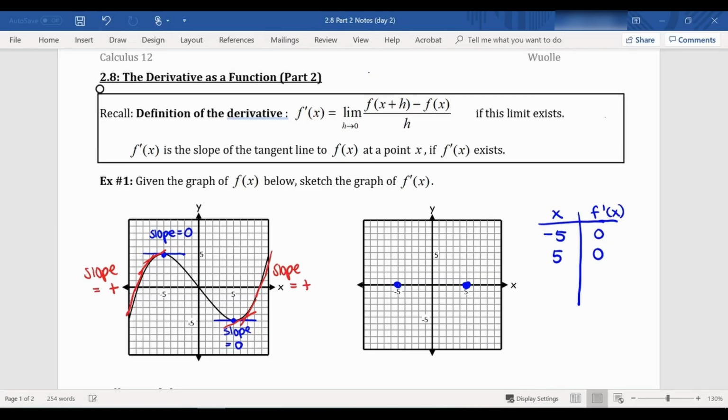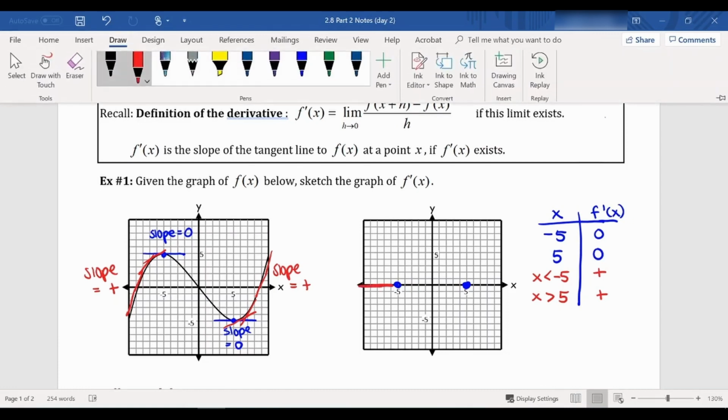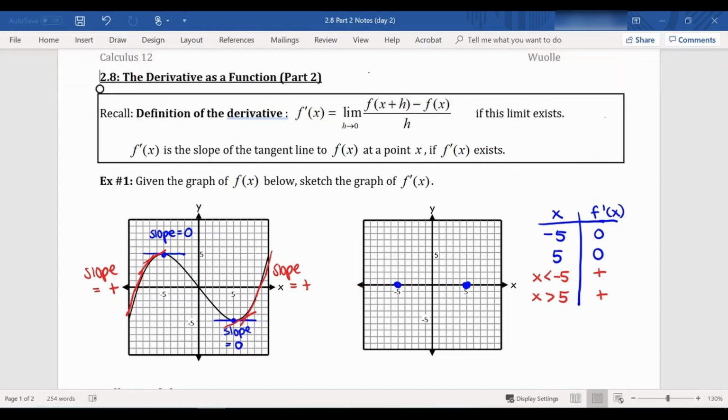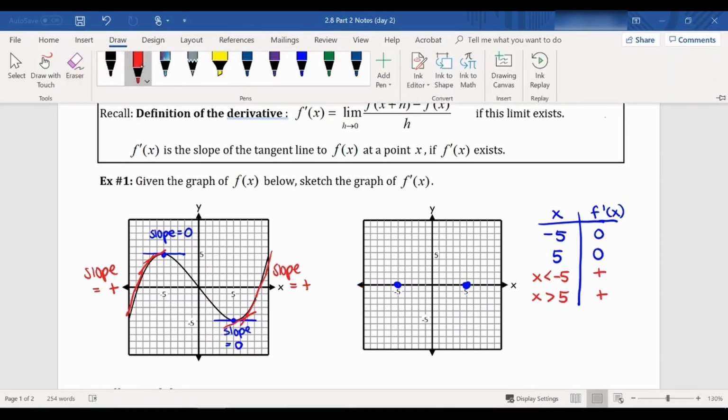So this means if x is less than -5, we have a positive y value, or if x is bigger than 5, we have a positive y value. We don't know what those y values are, but they're positive.